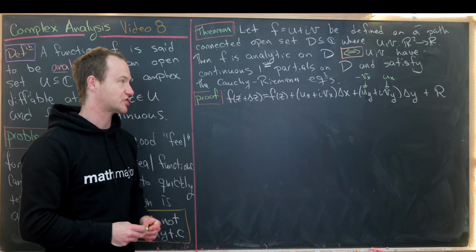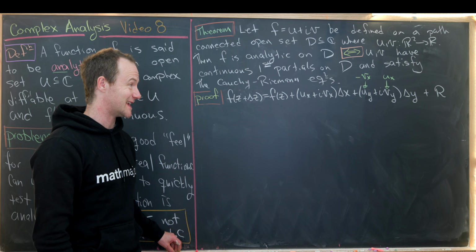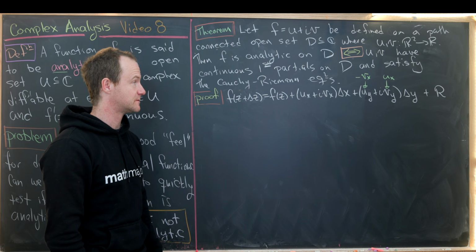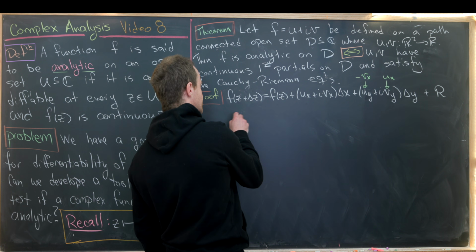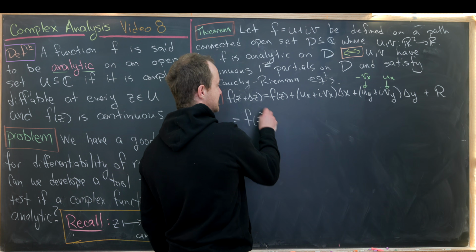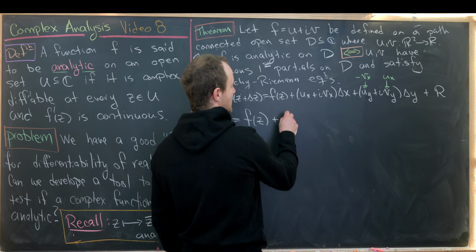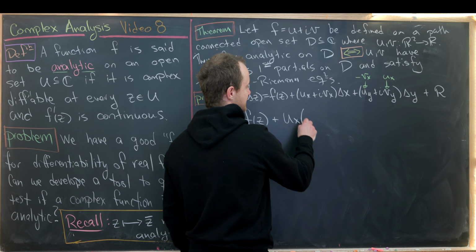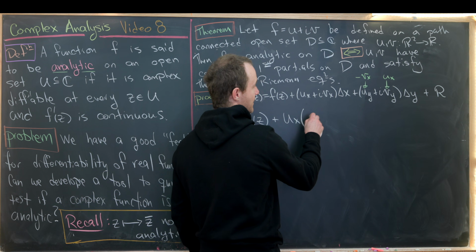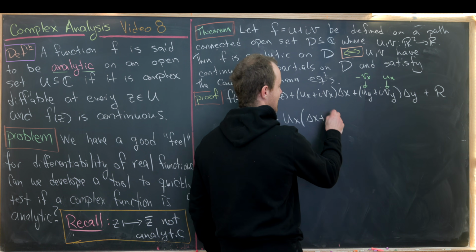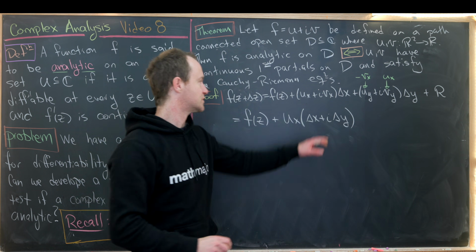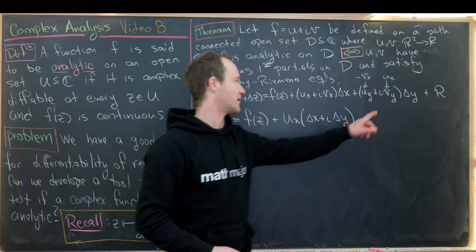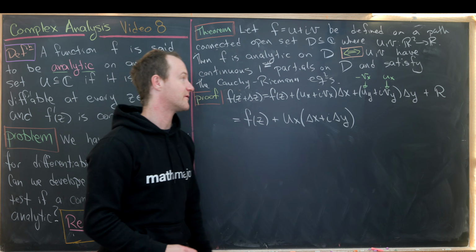Let's just recall that that is exactly the Cauchy-Riemann equations. Okay, so now what can we do from that? Now we've got f of z plus, we can factor a ux out of some stuff, and notice we're left with delta x plus i delta y. We've got the delta x from this term, and then the i delta y from that term.